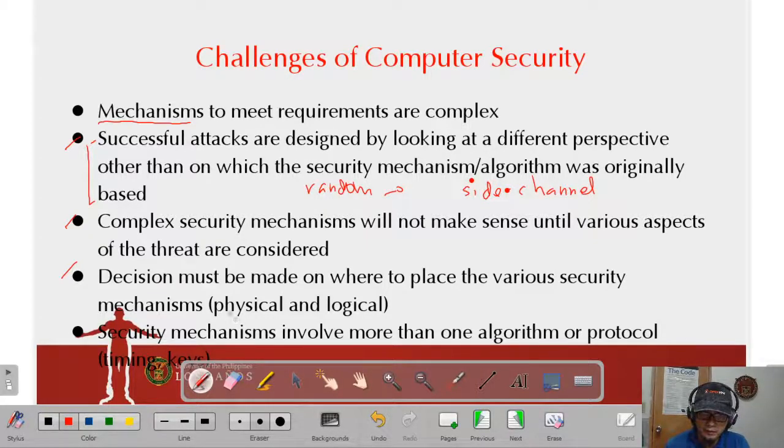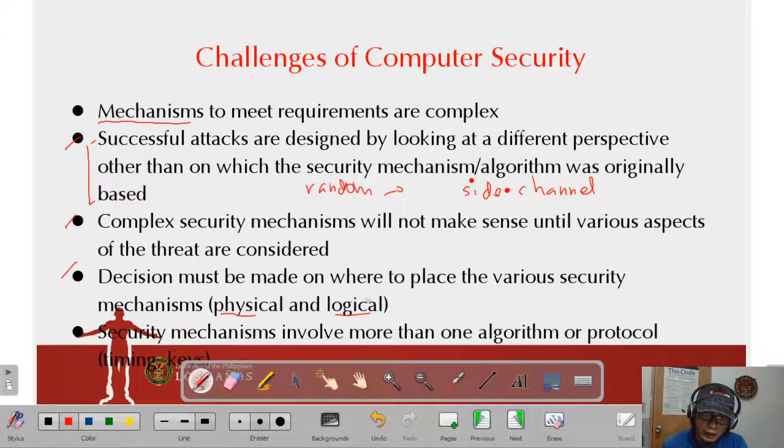Placing them can be a matter of physical location or a logical location. For example, in the design of the UPLB perimeter network, there is a question of where should we place the firewall appliance. Should we place it after the border router, or before the border router? Those things need to be considered.